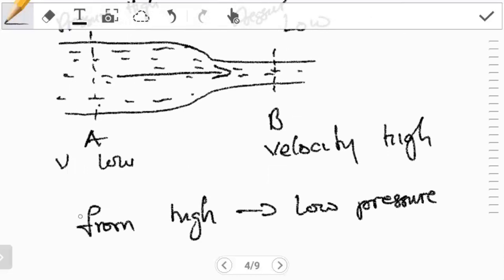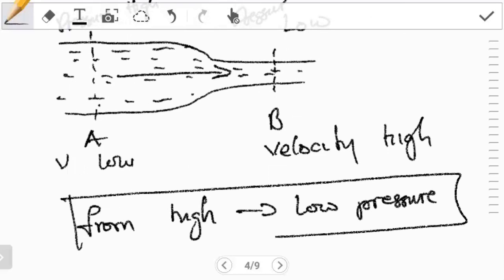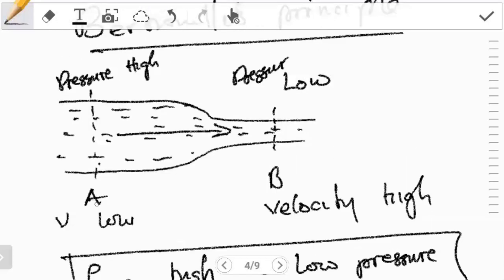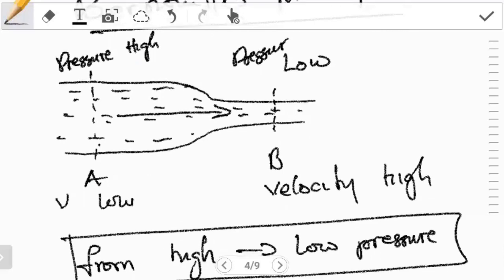So if at point A, you have low velocity, Bernoulli's says you're supposed to have high pressure there. And this actually makes sense with our statement here. We expect that fluids are going to flow from high pressure going towards low pressure. But if we end up with a situation where at B, we have high velocity and also high pressure, then this is going to slow down the flow of the fluid, meaning that the motion of the fluid going forward is going to be hindered.